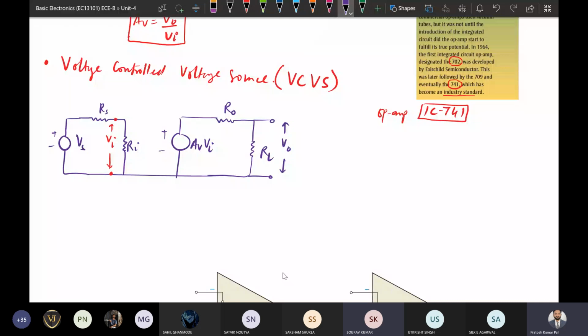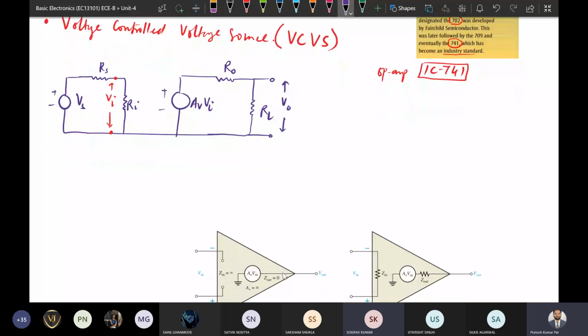Here the input is the input resistance, and the output is the output resistance.